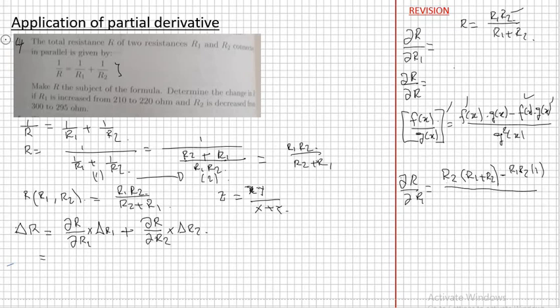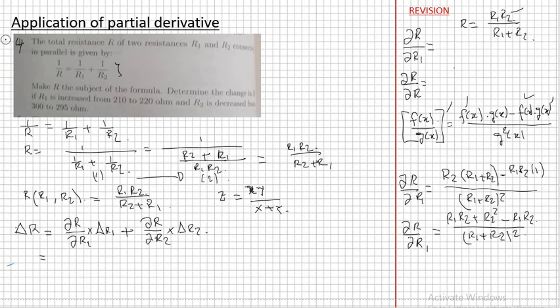And then next, we have to square the function g of x. G of x is r1 plus r2. So when I have r1 plus r2 squared, if I rearrange this expression, I have r1 multiplied by r2 plus r2 square minus r1 r2, divided by r1 plus r2 squared.